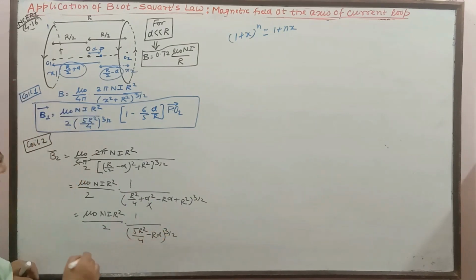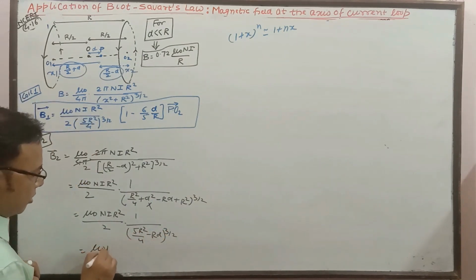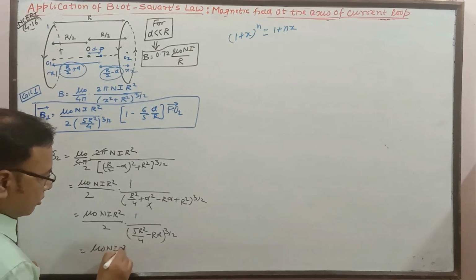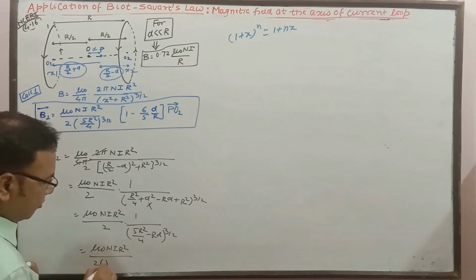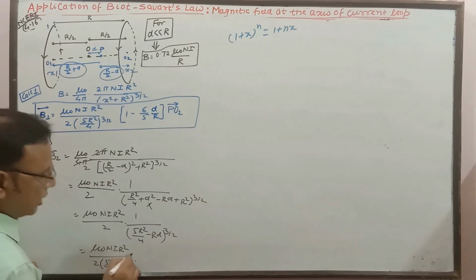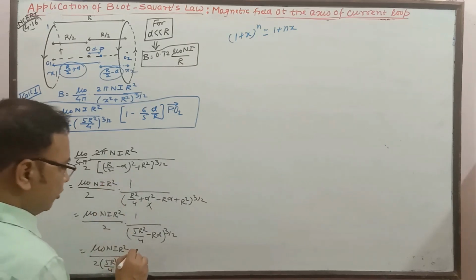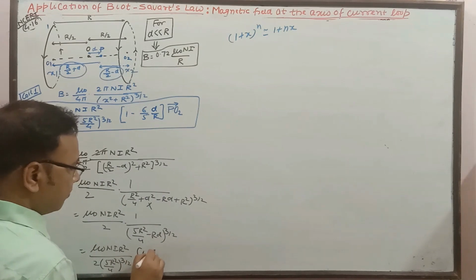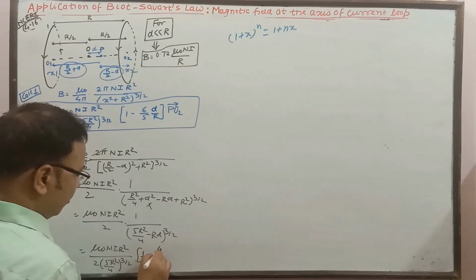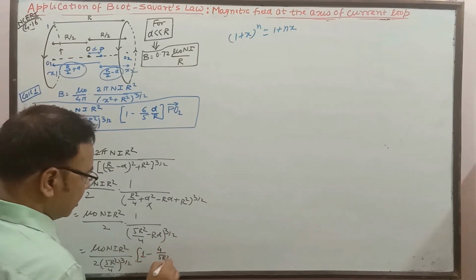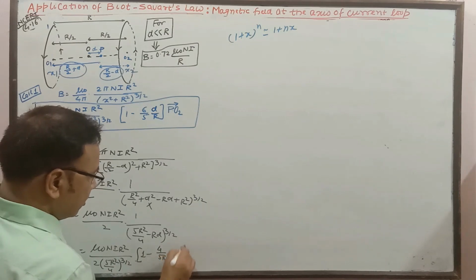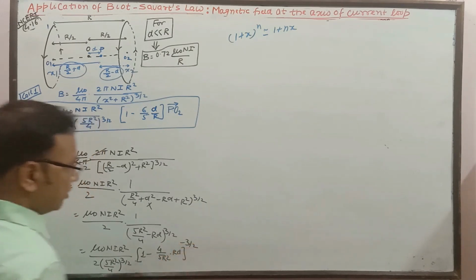Take 5 R square by 4 common. So this is mu naught Ni R square by 2 times 5 R square by 4 whole 3 by 2. And if you take it to the numerator, it gives 1 minus 4 by 5 R square into RD, whole to the power minus 3 by 2.